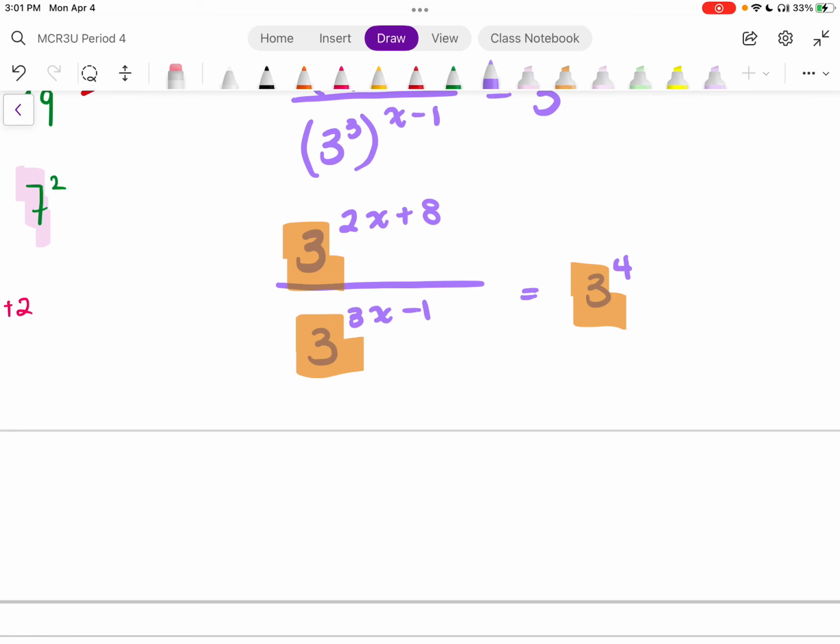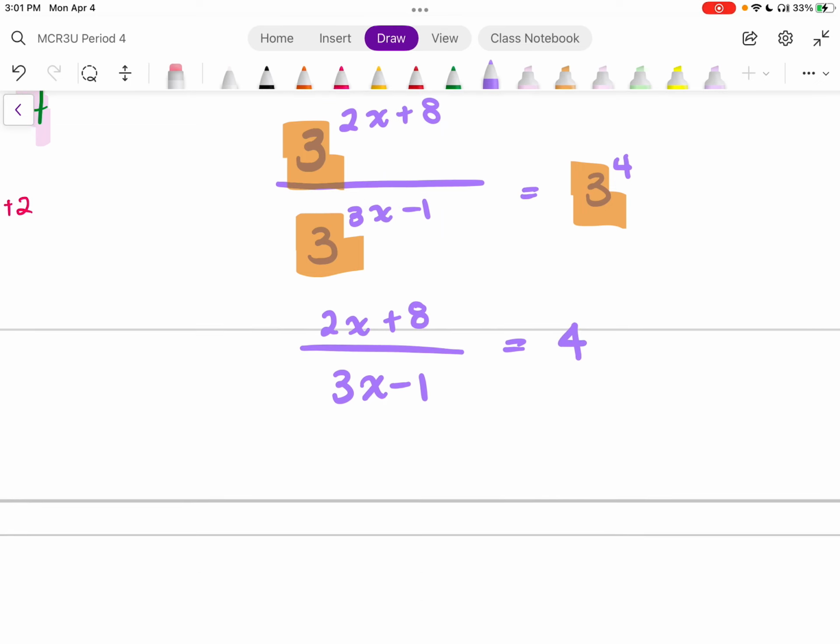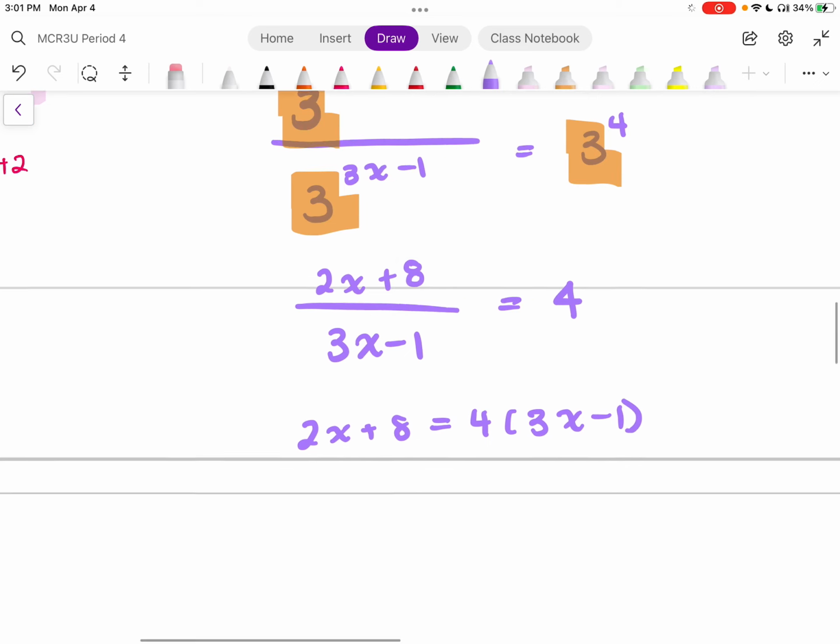Just like you would, right? So now I have 2x plus 8 divided by 3x minus 1 is equal to 4, right? I'm just going to isolate. So now I'm going to take this 2x plus 8 equals 4 times (3x minus 1), right?